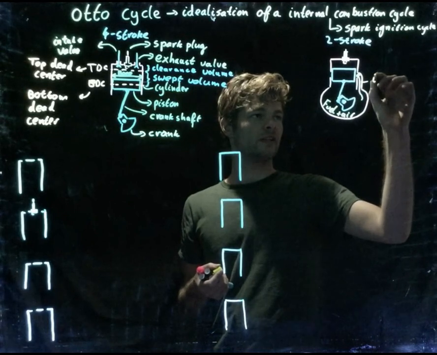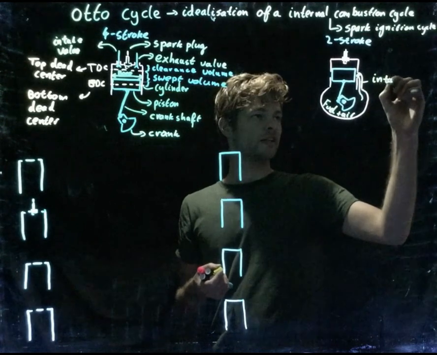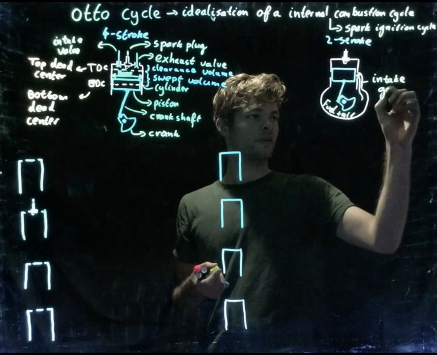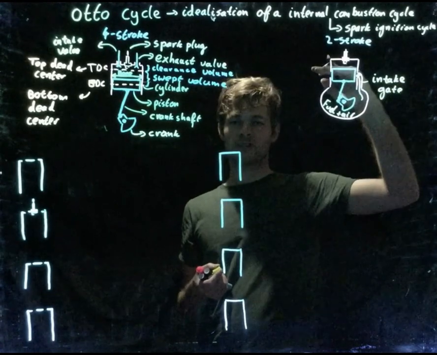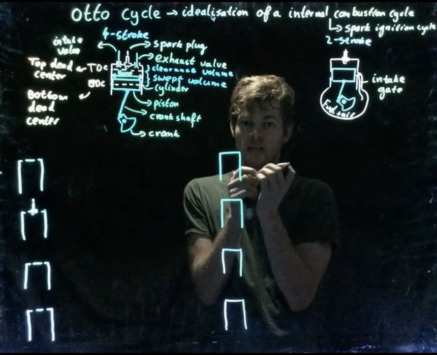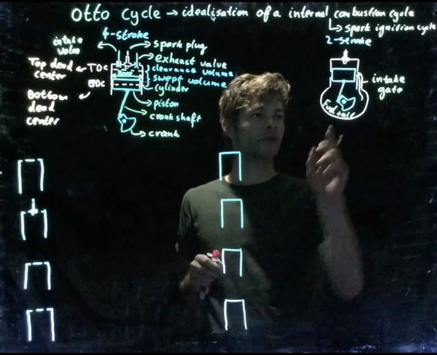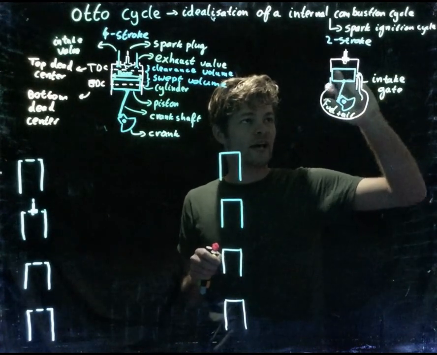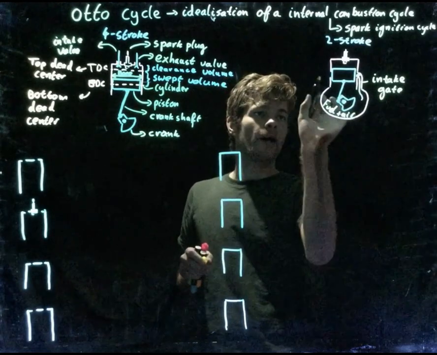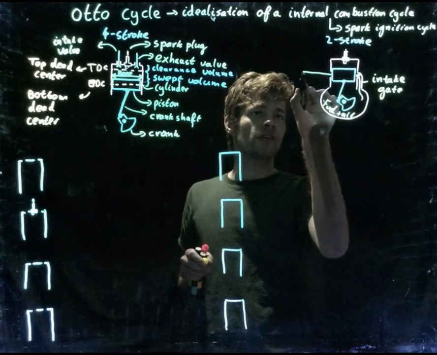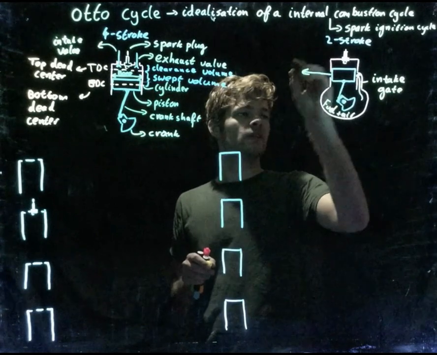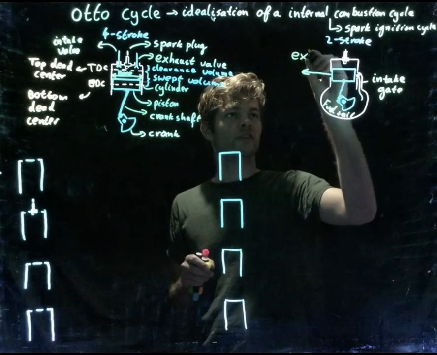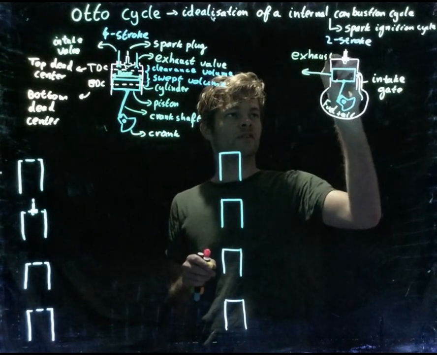So this is the intake gate. When the piston goes down, a slightly lower pressure will be created, and fuel and air will be sucked into the cylinder head. Meanwhile, exhaust gases will flow out, and this is the exhaust gate.